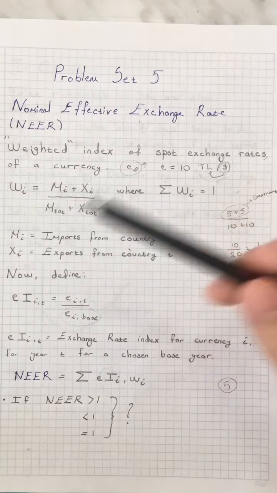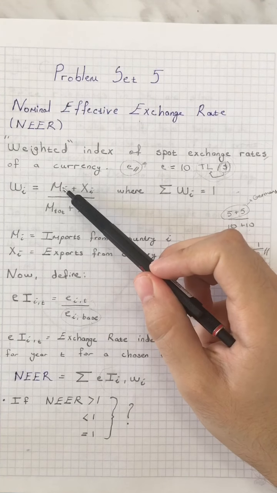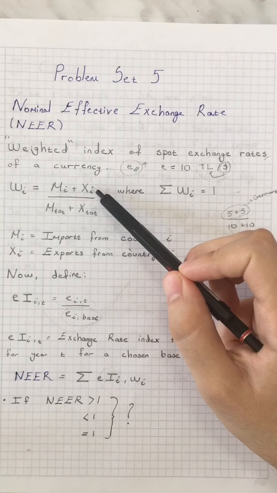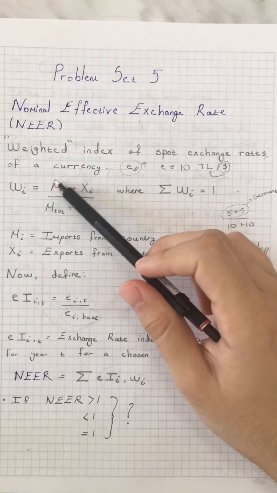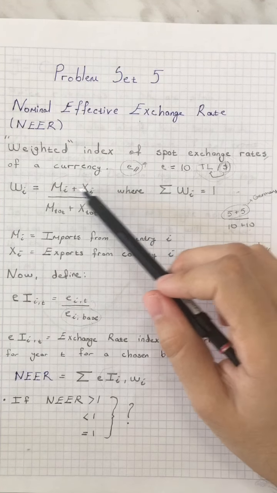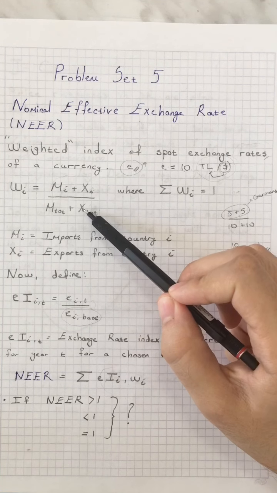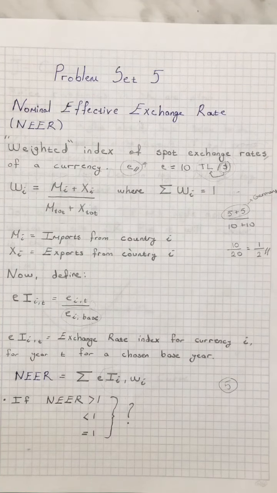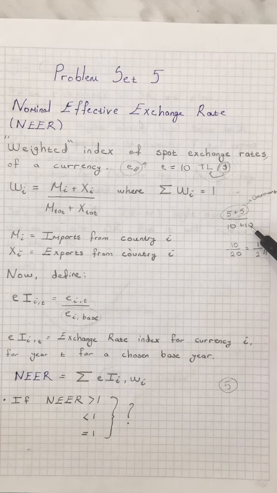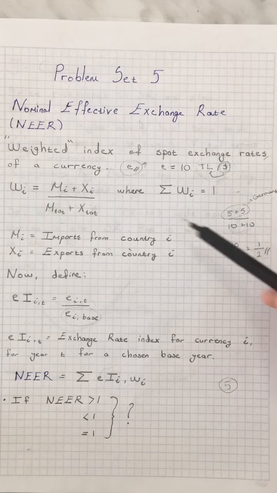To calculate the index, we sum the imports and exports we do with country i, and we divide that by the total imports and total exports of Turkey. As an example, let's say that Turkish total exports are 10 and imports are 10, so our total imports plus exports is 20.